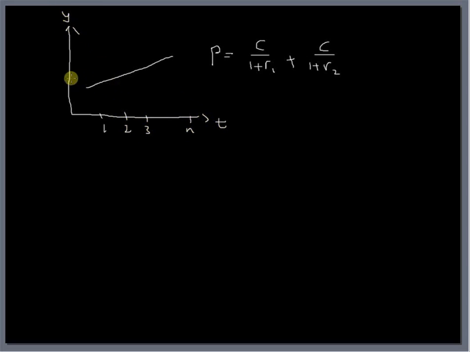Let's call it U. So this is R1, R2, Rn. So C over 1 plus R2 squared, plus C over 1 plus R3 cubed, and so on, up to C over 1 plus Rn to the power of n.